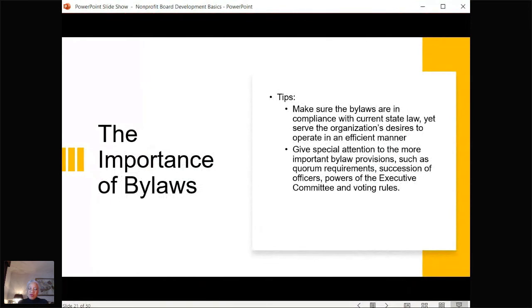So a couple tips. First of all, you want to make sure the bylaws are in compliance with current state law, yet flexible enough to serve the organization's desires to operate in an efficient manner. And you want to pay special attention to the more important bylaw provisions, such as quorum requirements, succession of officers, powers of the executive committee, and voting rules.